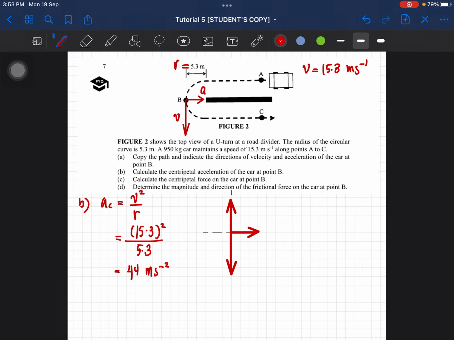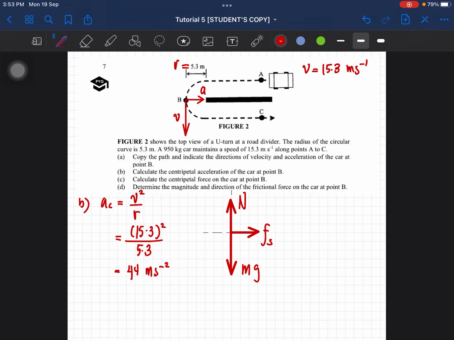This is the free body diagram when a car is at a roundabout or a U-turn, it's the same free body diagram. Only the direction of friction is either left or right. This is what happens at point B.